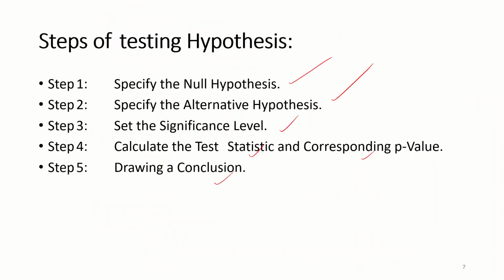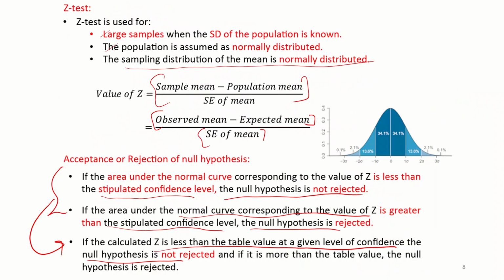Remember this: if the calculated z is less than the table value at a given level, the null hypothesis is not rejected, and if it is more than the table value, the null hypothesis is rejected. So you have to keep this in mind.